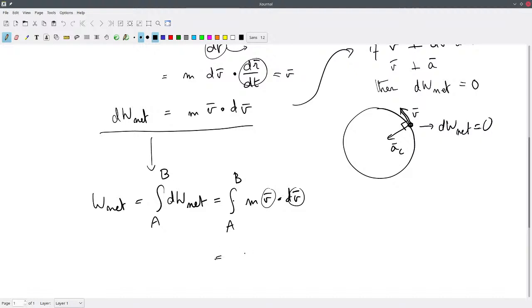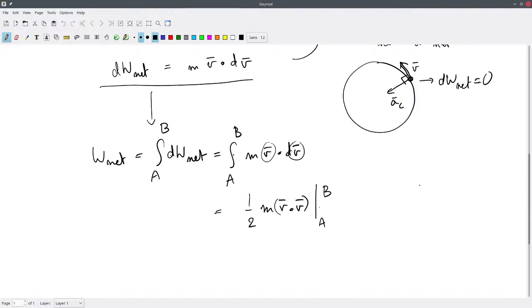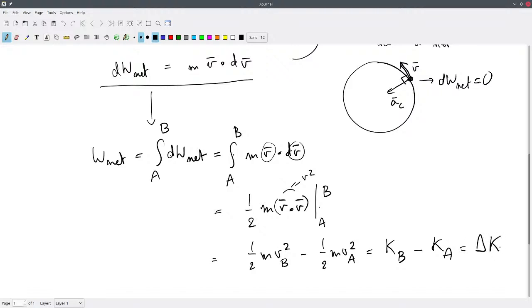And in that case, that integral will be 1/2 mv dot v evaluated between A and B. And since this is equal to the speed squared, that will be 1/2 m v_B squared minus 1/2 m v_A squared, or the kinetic energy at B minus the kinetic energy at A, or the change in kinetic energy.